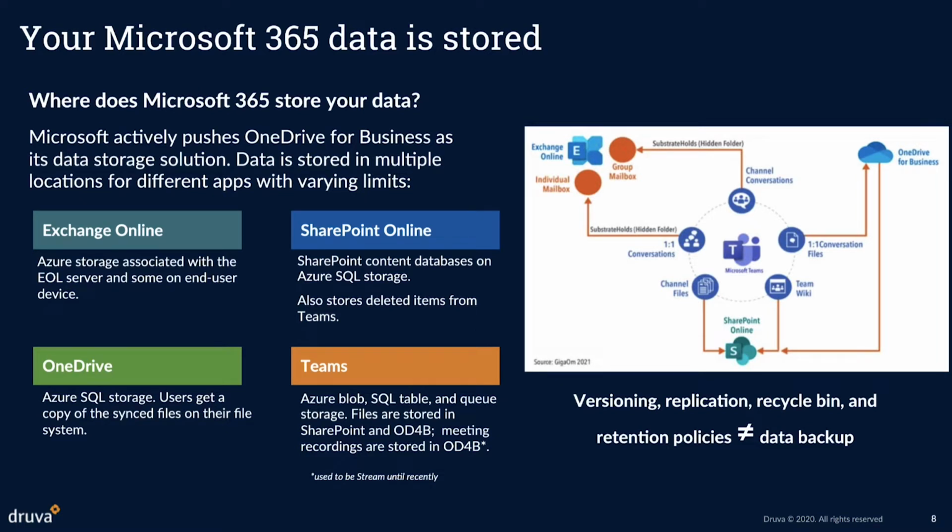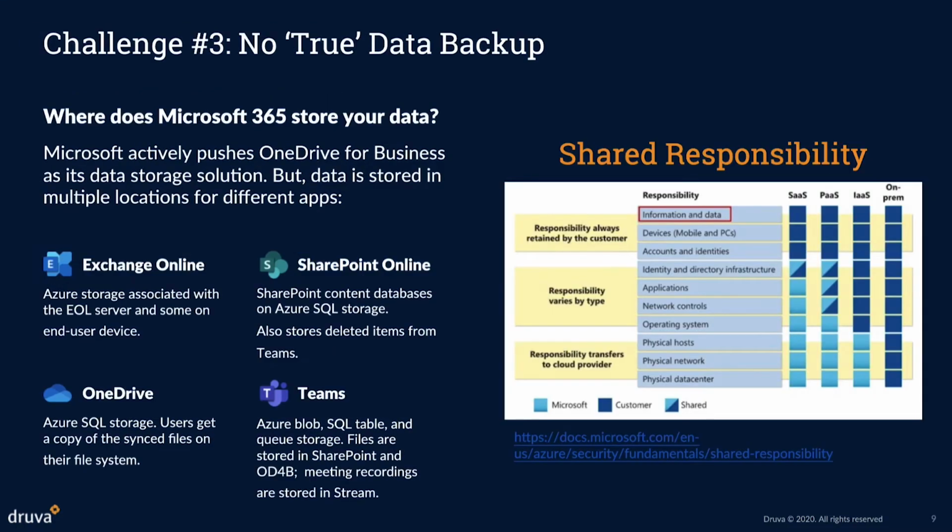Whether it's a SQL table, right, an Azure blob, whatever the storage mechanism that Microsoft is using to house your data, it lives in Azure, which means it lives also underneath the umbrella of the shared responsibility model. Right? That kind of goes back and talks about that challenge, right?